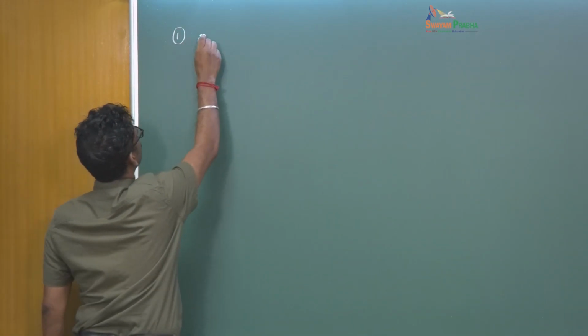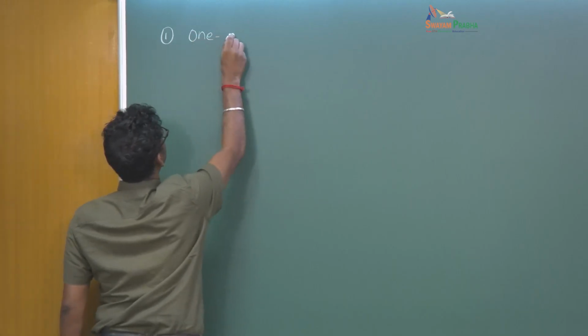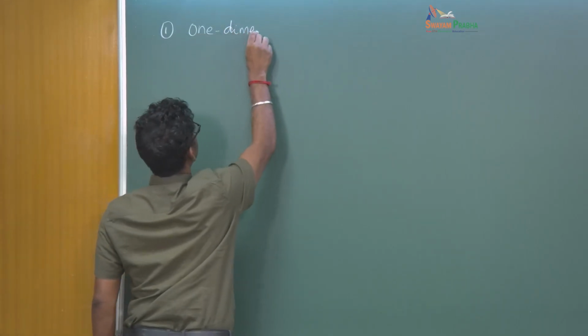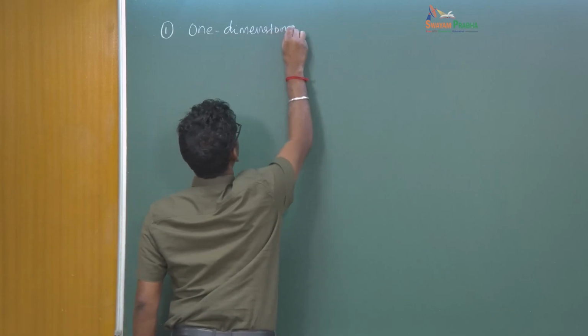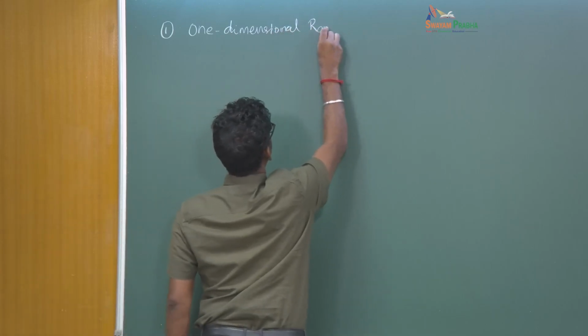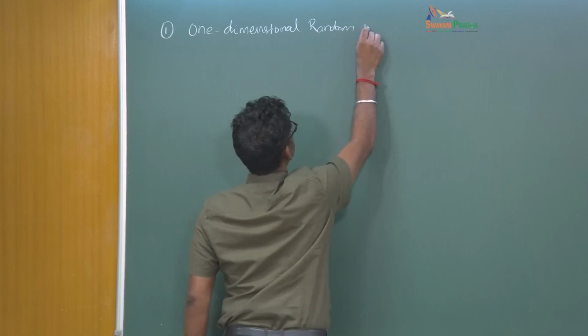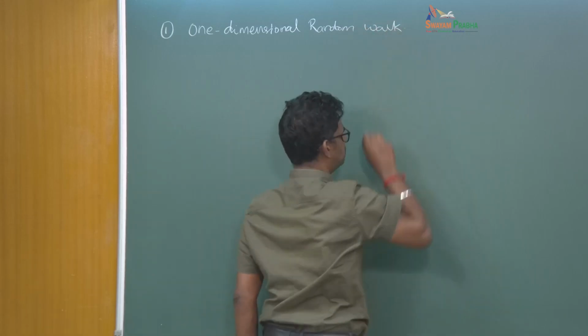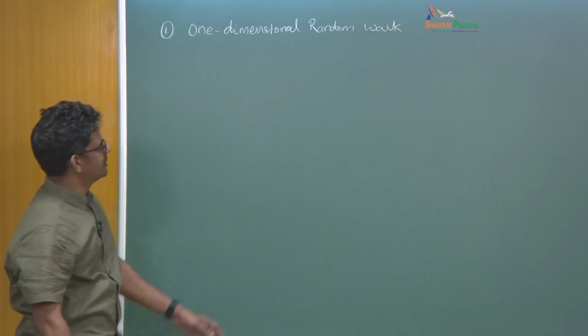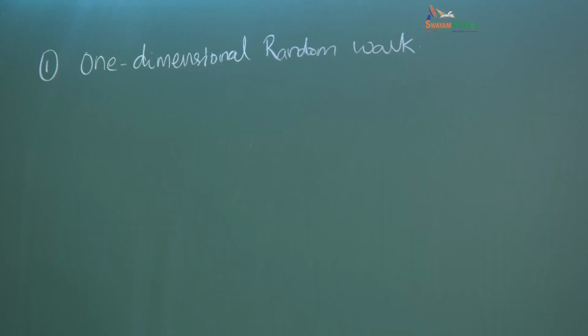So the first problem we want to do here is one dimensional random walk. We have already discussed enough about Brownian motion and random walk, and it is a Markov process. If you remember, we looked at this problem previously in the context of Langevin equation.